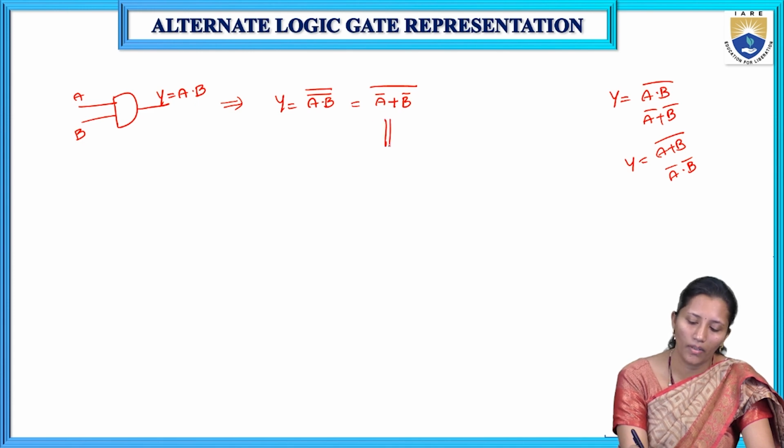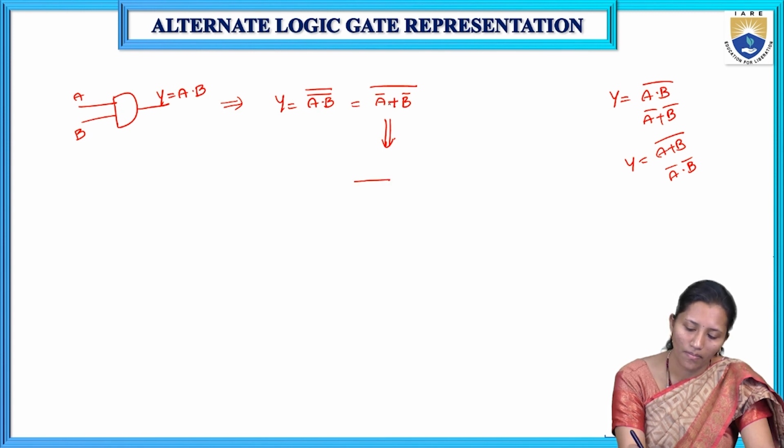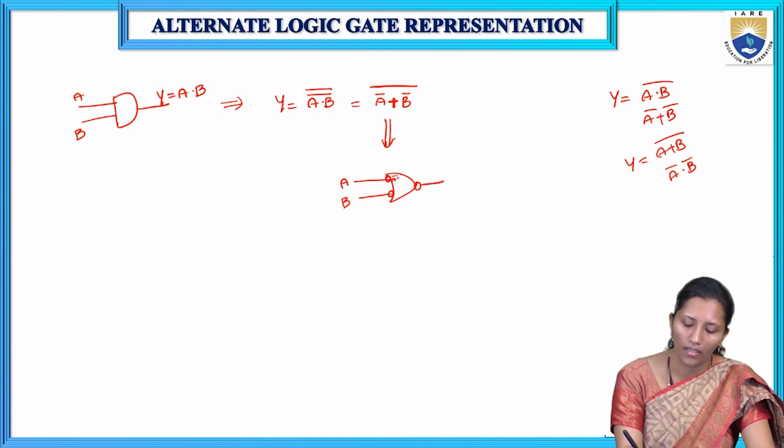This circuit we have to represent as an alternate logic gate. A bar plus B bar means here we use an OR gate with inverters, then a NOR gate. (A plus B) whole bar is the NOR gate. Here we have A bar and B bar. For A bar, we are giving a bubble, that is an inverted input. For B, we are also giving an inverted input. So (A bar plus B bar) whole bar is nothing but AB.